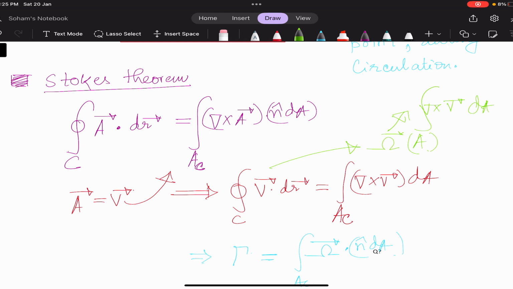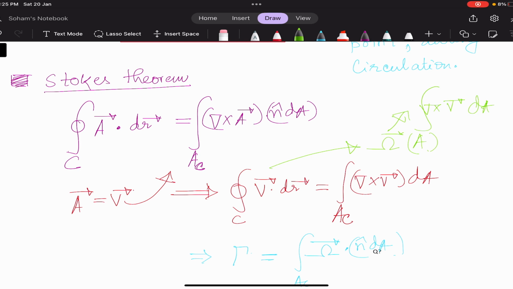Just like that, we can correlate the Gauss divergence theorem and the Green's theorem. Green's theorem is nothing but the 2D form of the Stokes theorem. Like that you can generalize all the formulae, and you can correlate those formulae with the concepts of fluid mechanics, which will make your task easier.